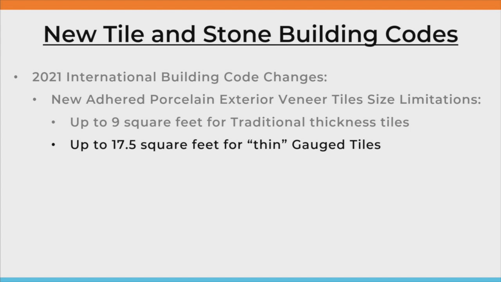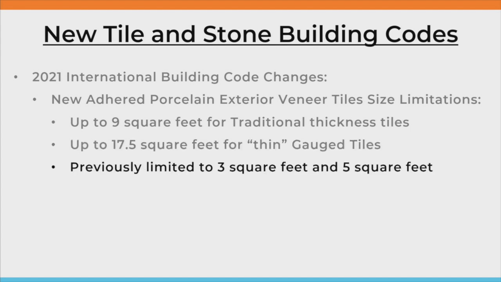And for the thin gauge porcelain tiles, it's 17.5 square feet. They're much thinner, lighter, and that's about 3 feet by 5 feet, a little bit more than that in terms of sizes and other square and rectangular sizes.